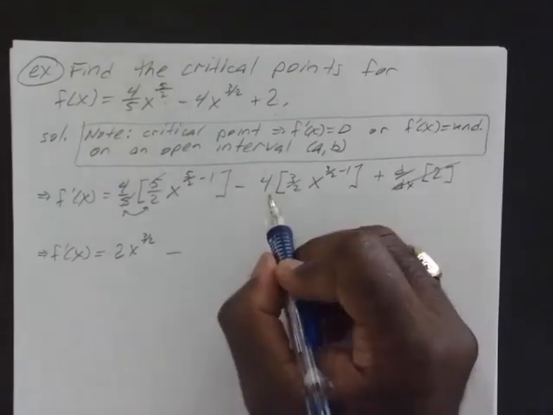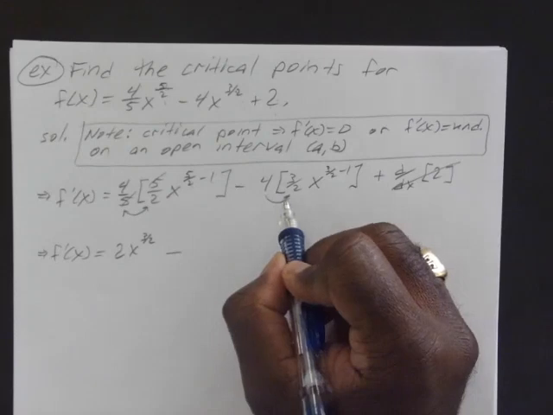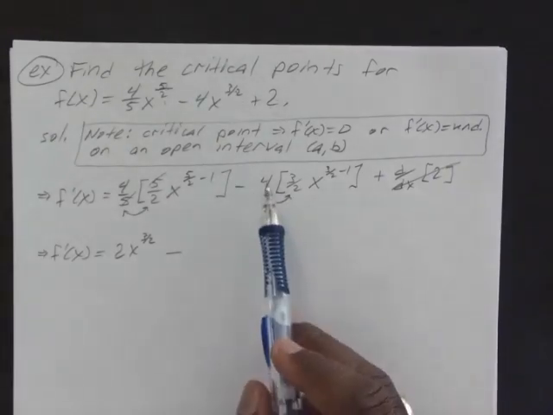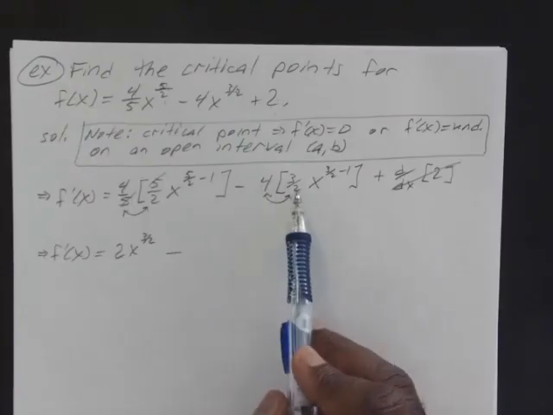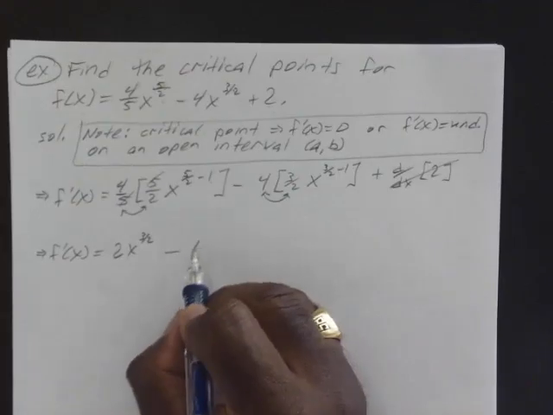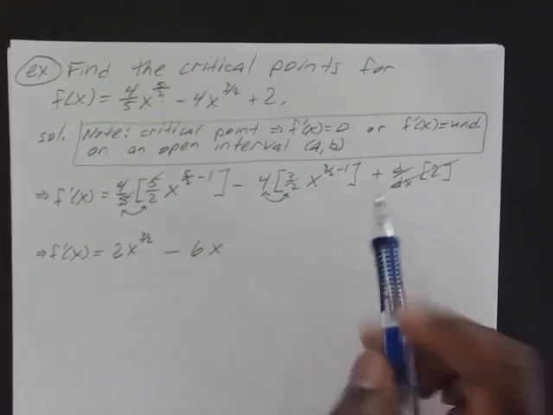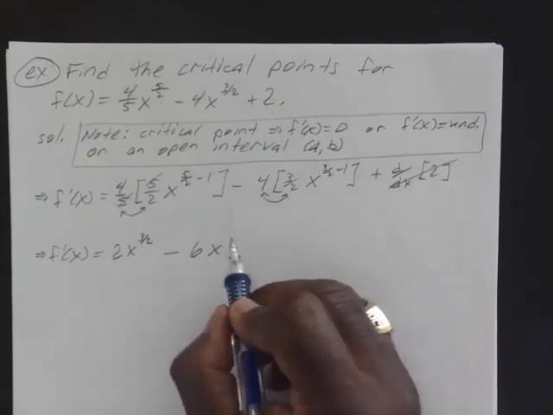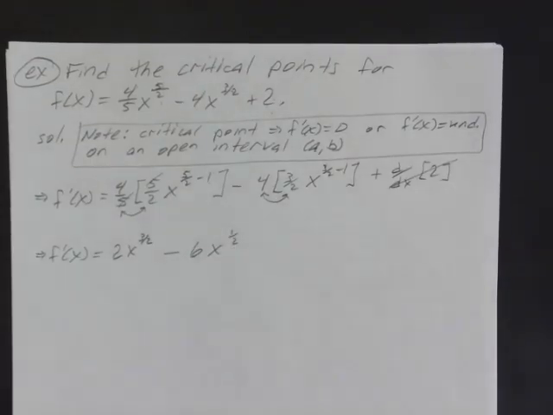Minus, and we can go ahead and multiply these two together just to simplify it. So 4 times 3/2 is 12/2, which is just 6. So 6 times x to the 3/2 minus 2/2 is just 1/2. That's to the 1/2 power.